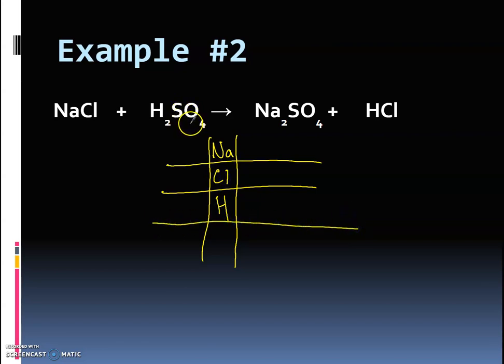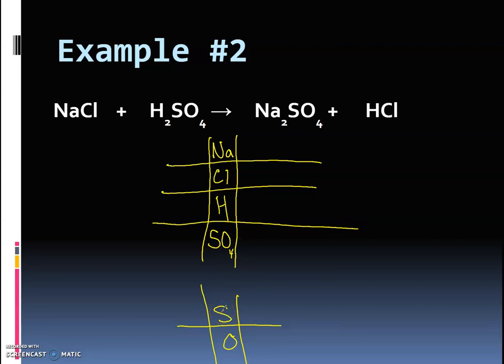SO4 is sulfate. If SO4 is a sulfate over here and SO4 is sulfate on the right-hand side, I can actually treat that polyatomic ion like an element. If not, you would split up your S and you would split up your O opposite. It'll work both ways, but it's up to you.